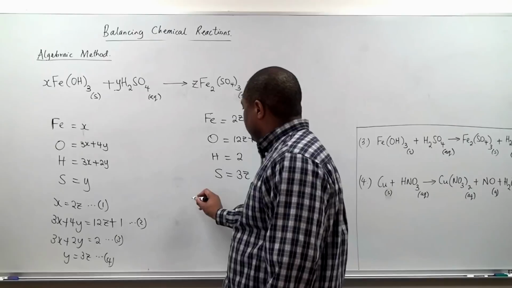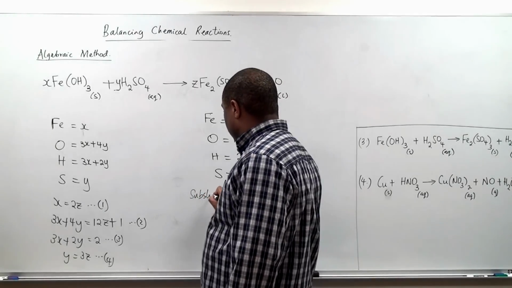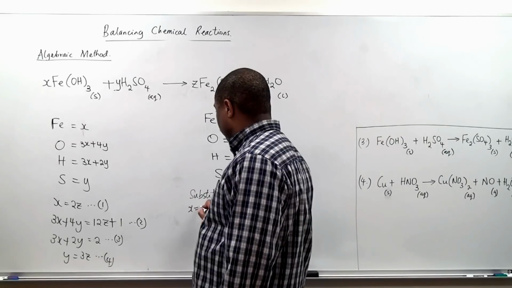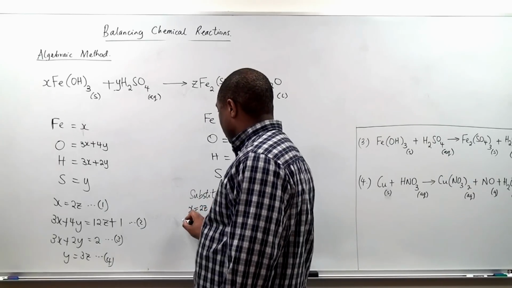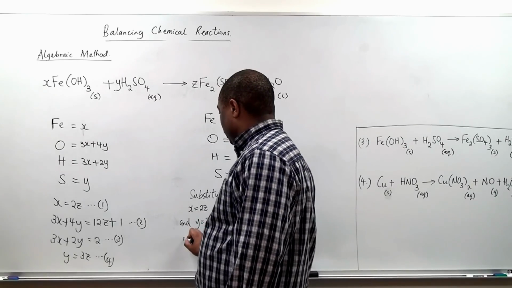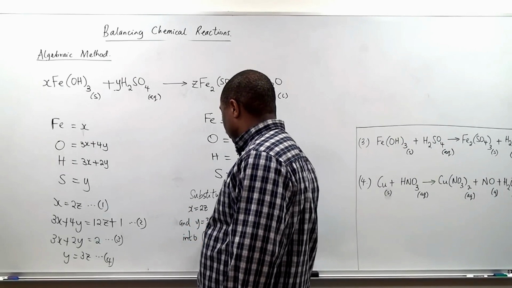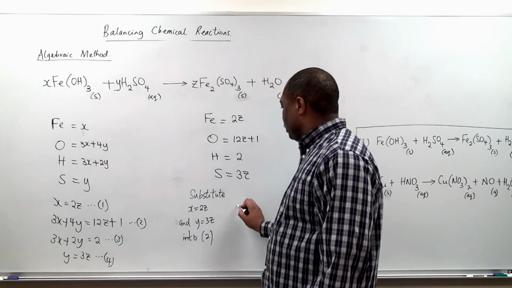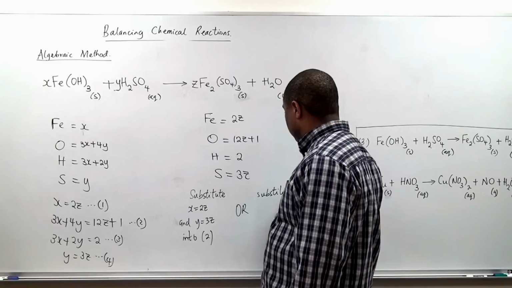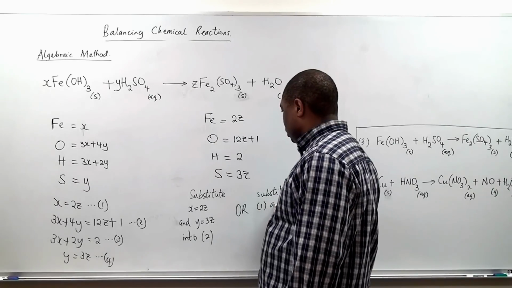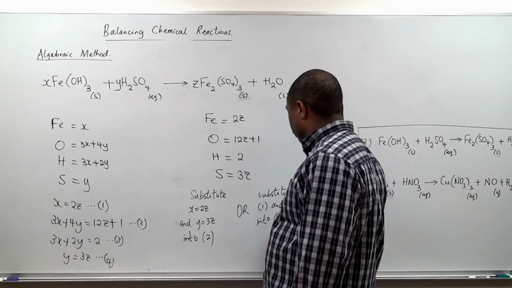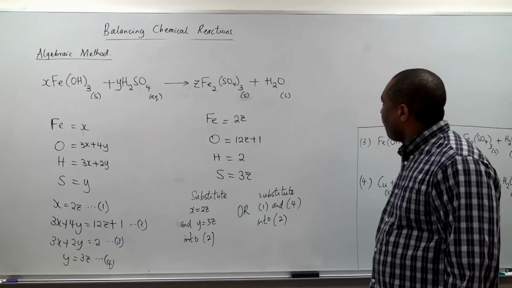So let's substitute X is equal to 2Z and Y is equal to 3Z into equation 2. Or you can also say it like this: substitute equation 1 and equation 4 into equation 2.